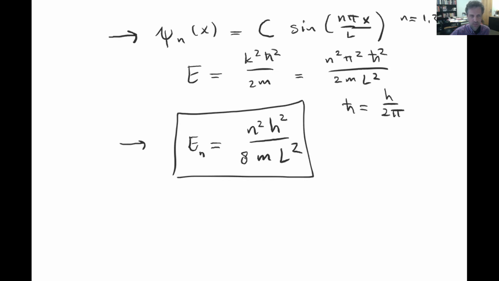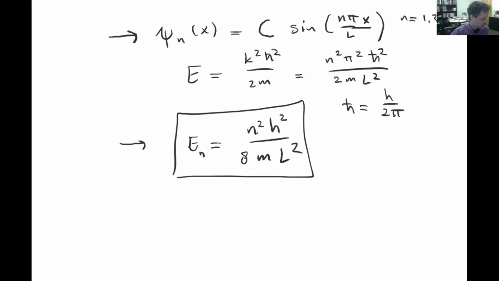Every solution is in principle fine. Every value of K is allowed. Here, it's not. Not every value of K is allowed because of the presence of the box and the infinite walls. Only certain solutions are allowed. That means the solutions are quantized. The particle can only have certain wave function shapes and certain energies and nothing in between. So that's the basis of quantization.